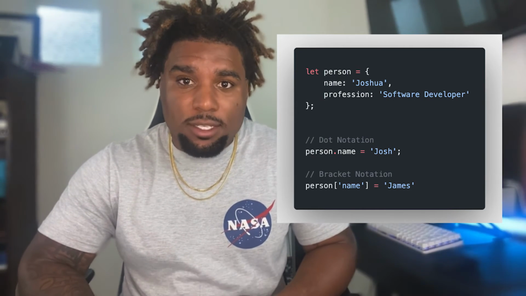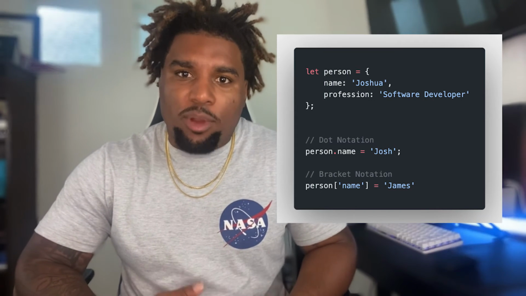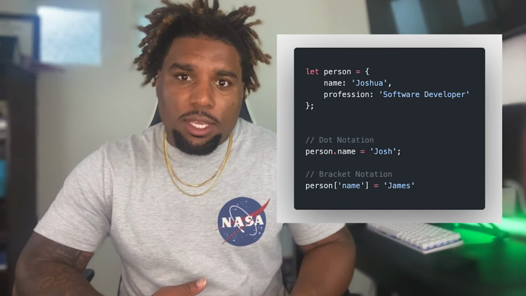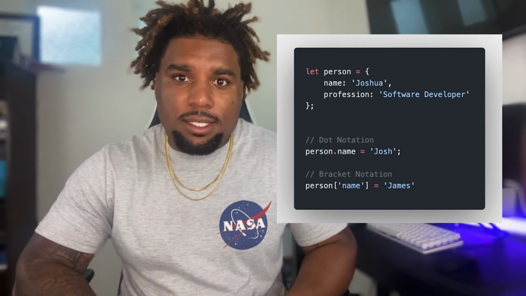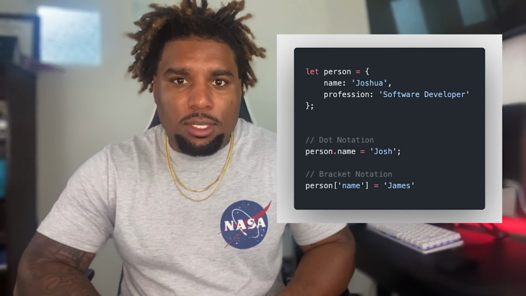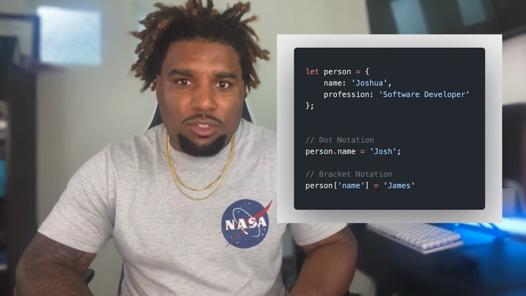Now with that object, there are certain ways to access those properties, right? So you have dot notation and then you have bracket notation. Dot notation, which you see here in the code snippet, is one way of accessing the entities, whereas bracket notation has a slightly different feel to it.